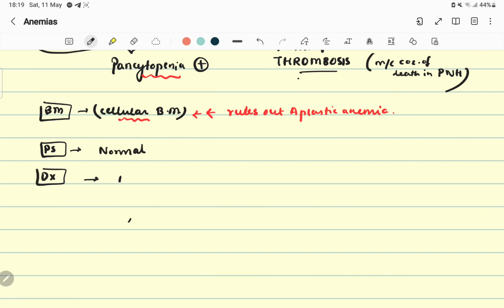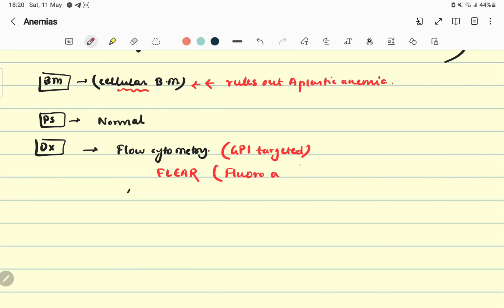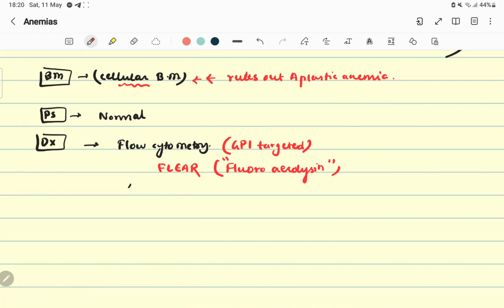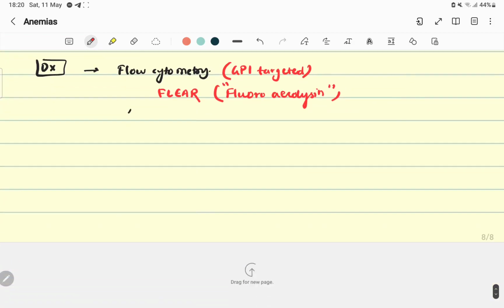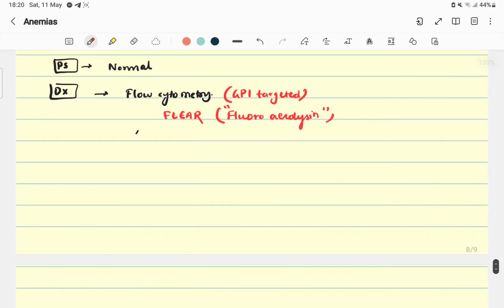Diagnosis is by flow cytometry, where we'll target the GPI, and we can use FLAER dye, which is the best dye available, fluorescent aerolysin dye, FLAER dye, right? And you can also target CD55 and CD59.